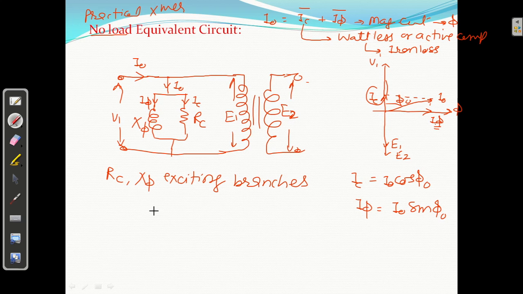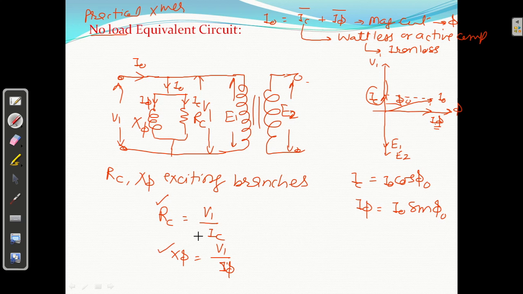RC equals V upon I, where V is V1 and the voltage is the same, and the current is IC. So RC equals V1 upon IC, the exciting branch resistance. X phi equals V1 upon I phi, which we got from here.